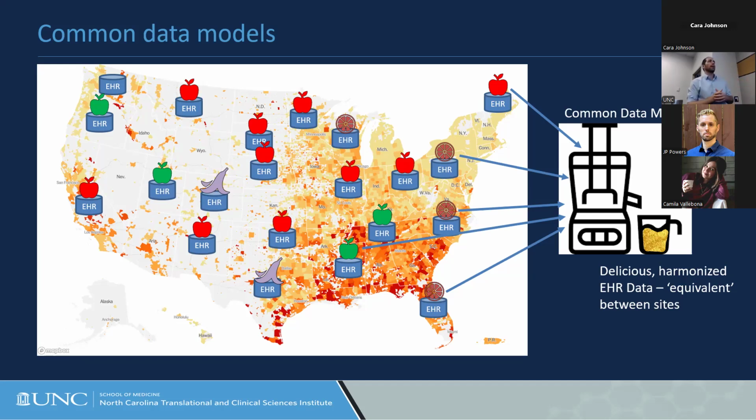But you can't even really get to this point. Just the ability to share data between a lot of sites on different platforms is incredibly difficult and time consuming without a common data model. Say we develop a machine learning model and we would like to test the generalizability of that at another site.